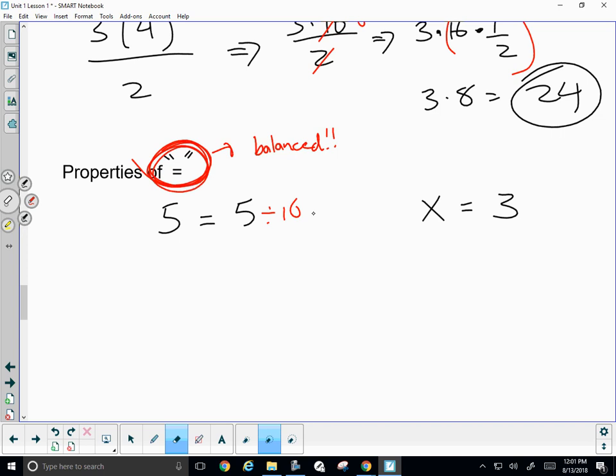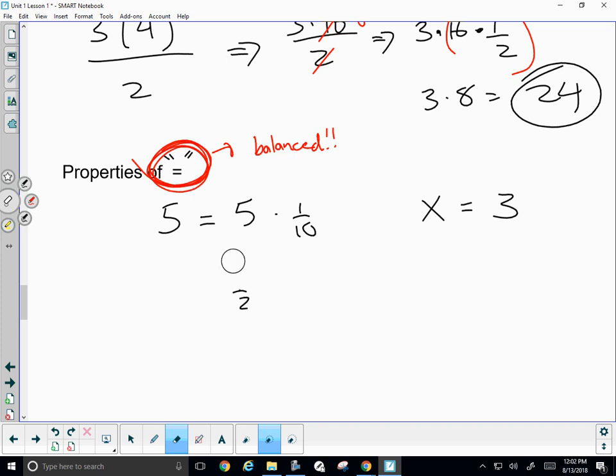This is why I don't like division, really. 10 divided by 5 is not the same as 5 divided by 10. But instead of dividing by 10 and getting 1/2 and 1/2, which is fine, you can multiply by 1/10 on both sides like this. And we still have the balance because this is the same as that. Multiplication is our friend. We still have that balancing act.